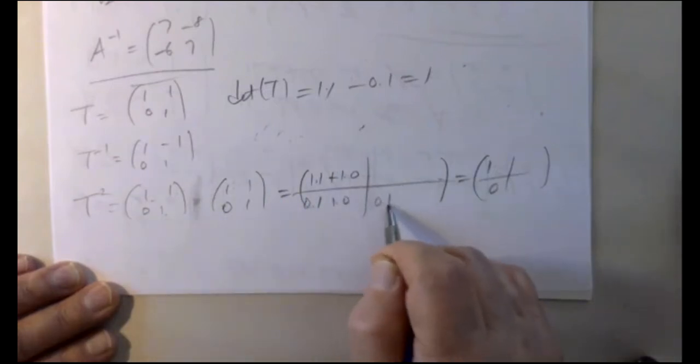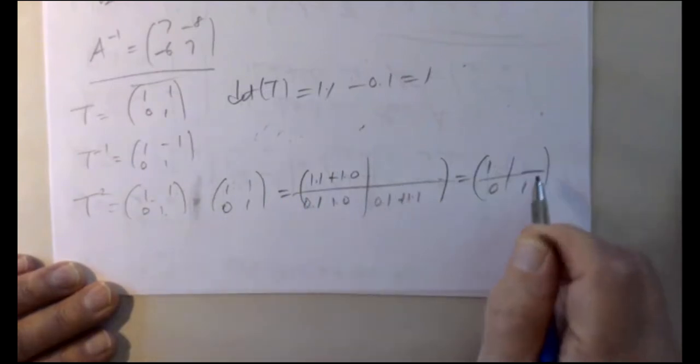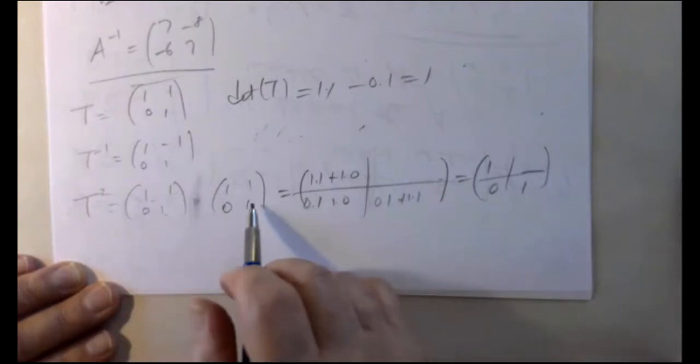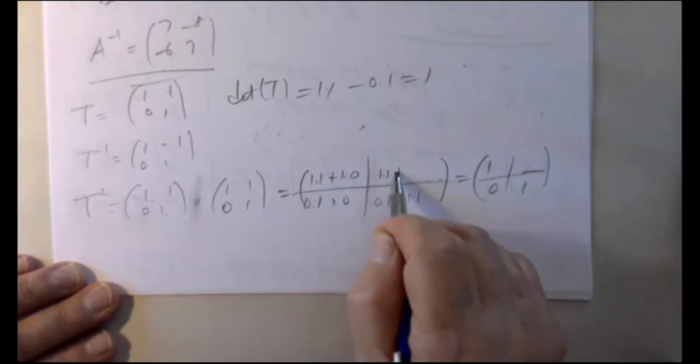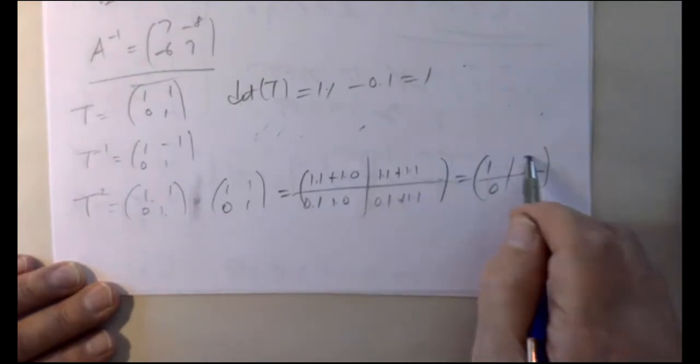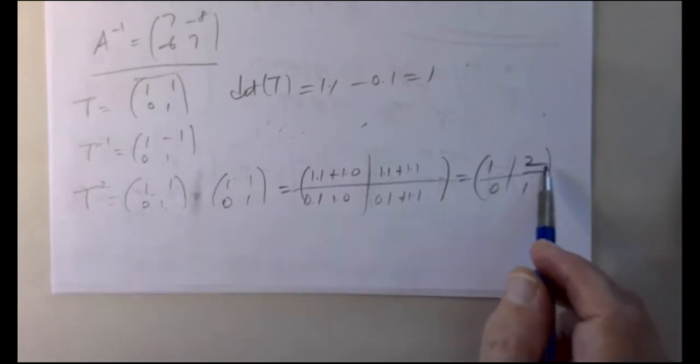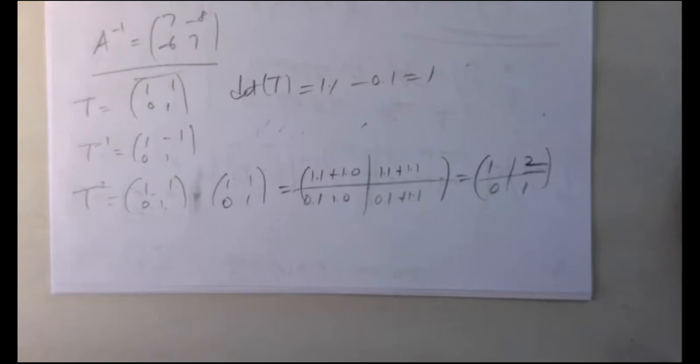What goes over here? 0 times 1 plus 1 times 1. What goes up here? First row, second column, 1 times 1 plus 1 times 1. 1 plus 1 is 2. Oh. So it's not the same. You have a 2 here instead of a 1.